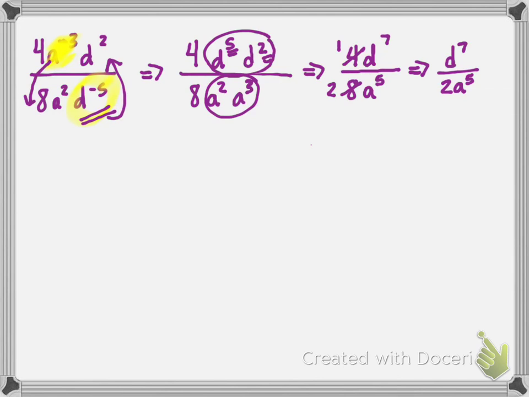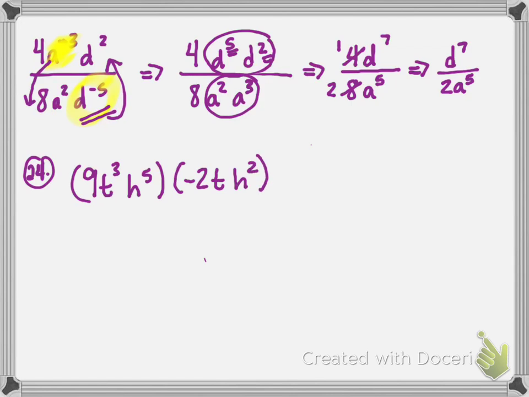We're going to skip number 23. I'll go back to that one in a second. Number 24, 9t cubed h to the 5th times negative 2th squared. If you want to pause the video and try to work it, then come back and check your answer, you can see how you're doing. Looking at this one, I'm going to multiply all of this times all of this.